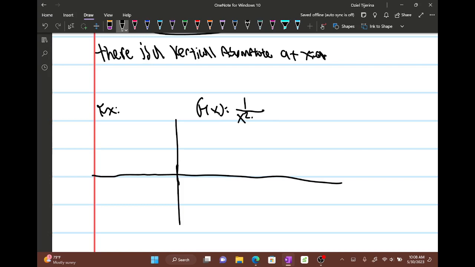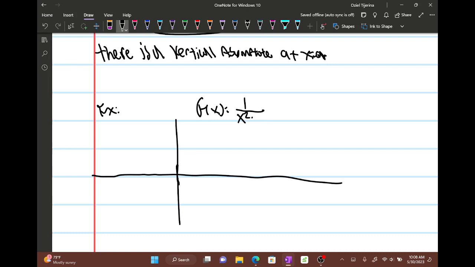And if I look at that on its own, we know obviously that there is going to be a vertical asymptote at x equals 0.